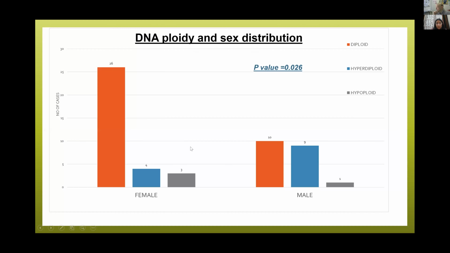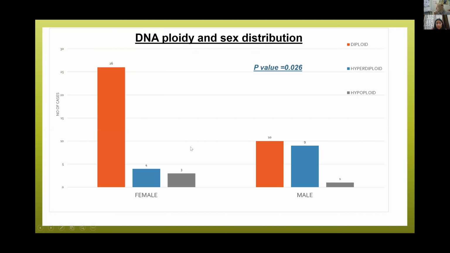Now, I correlated the aneuploidy with the sex distribution, and I found that there was a statistically significant difference in the distribution of males and females in the diploid and aneuploid populations. There was female preponderance in the diploid population, and male preponderance in the aneuploid population.